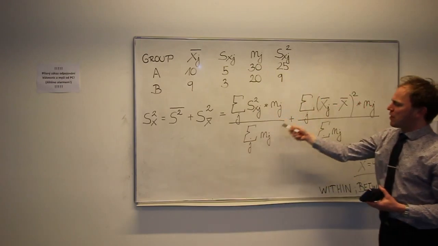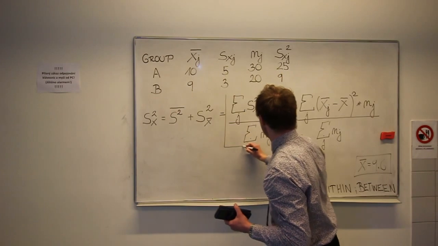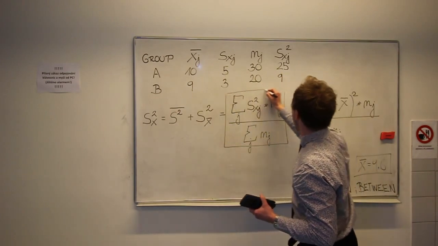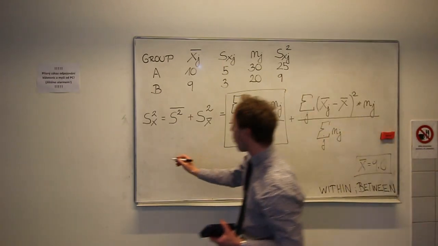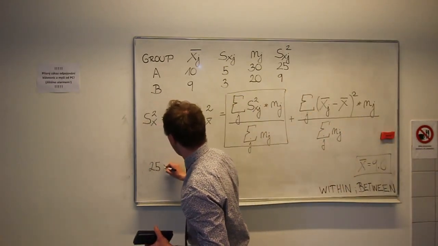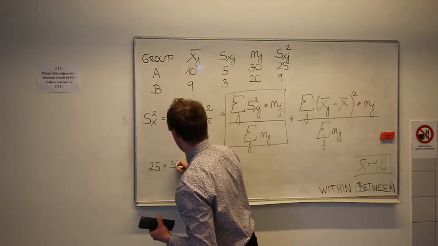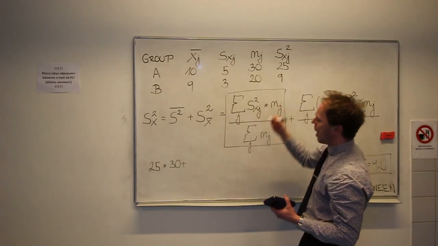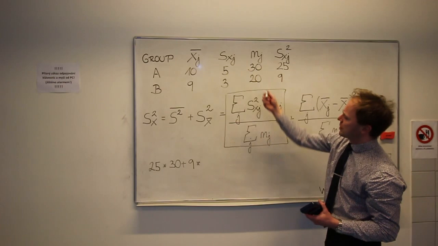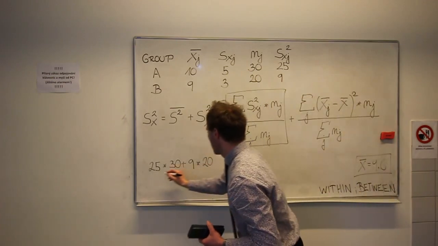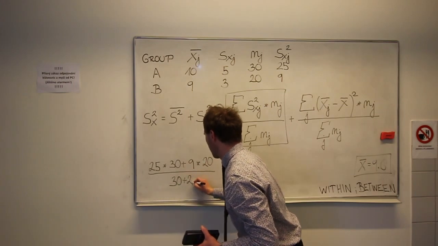Now I have everything I need for the first part, within-group variability. So 25 weighted by absolute frequency 30, plus 9 weighted by absolute frequency 20, divided by 30 plus 20.